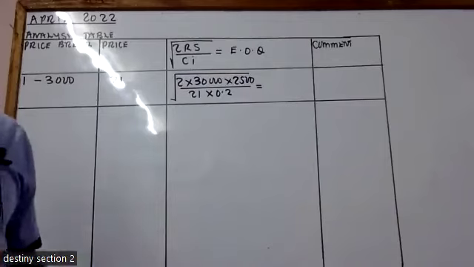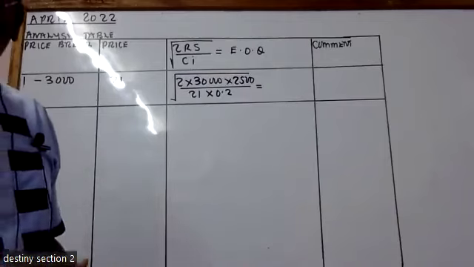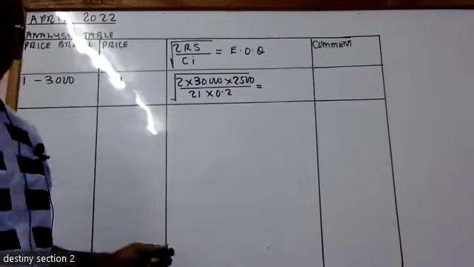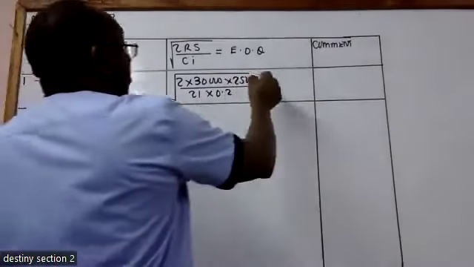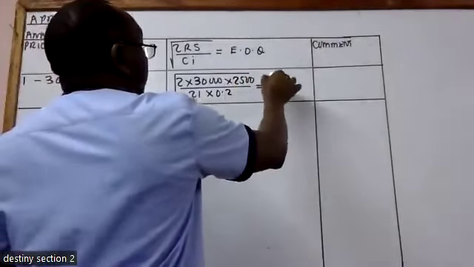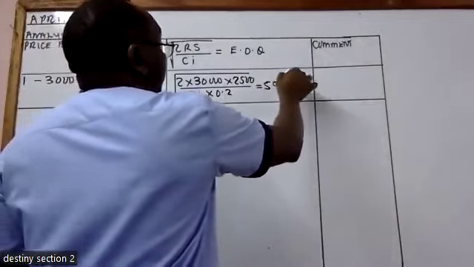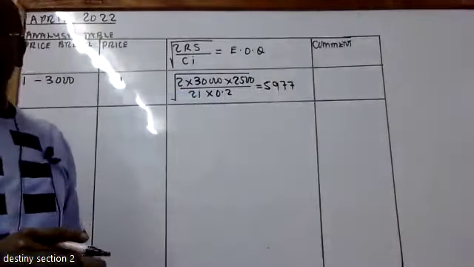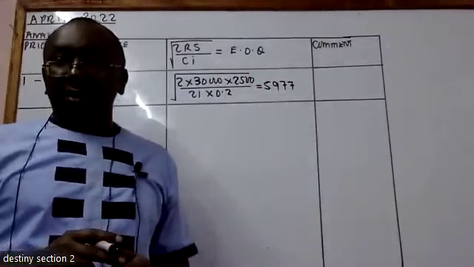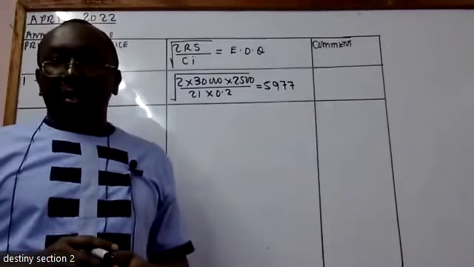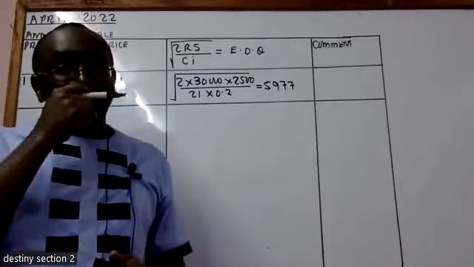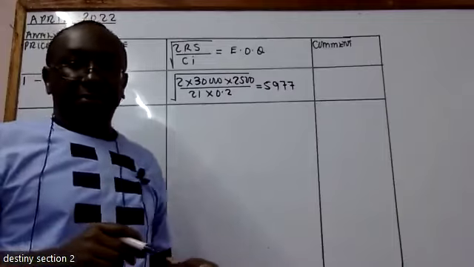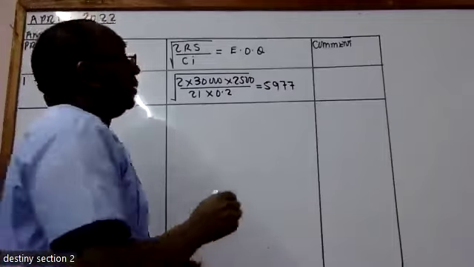Yes, I can see 59.77. We always round up the 59.77. But even if you wrote 59.76, there will be no harm. But in matters of EOQ, we always round up. Okay.